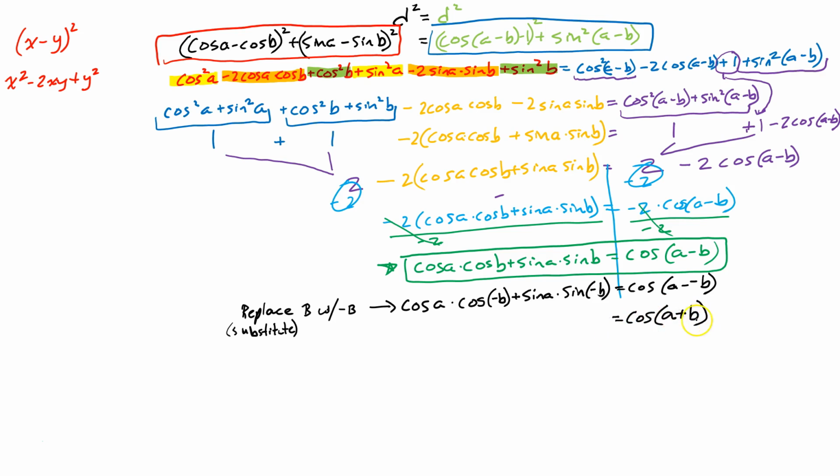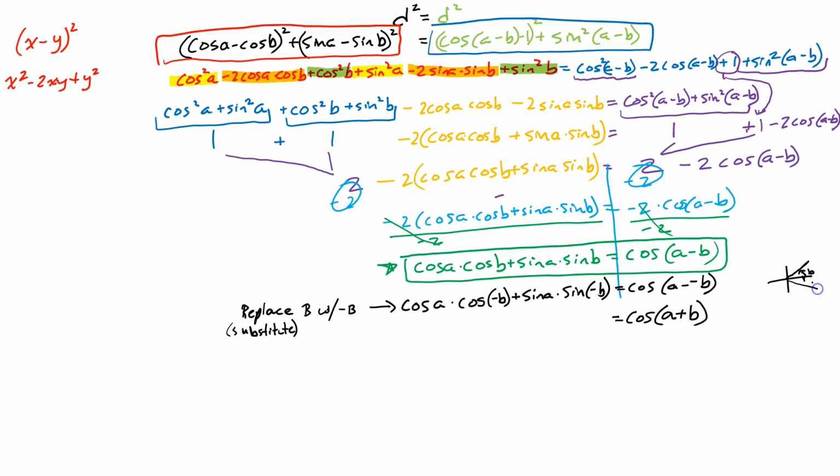The sum formula. Remember, the cosine of negative B, so think back to your unit circle for a minute. If you're dealing with angle B right here, your cosine value is x, it's positive.